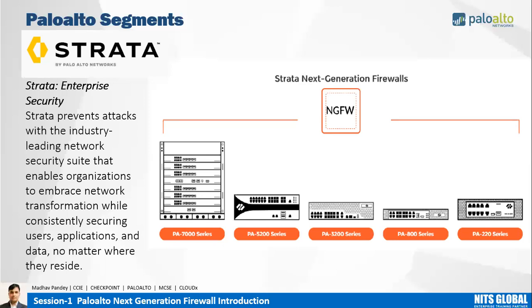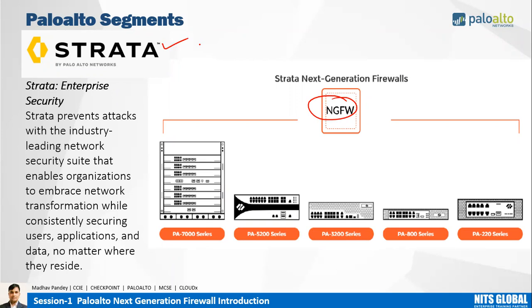Okay, what is Strata? Strata is one segment. Strata enterprise security. So whatever hardware and whatever solutions as a next generation firewall we have discussed, all those on-premise product lines come under Strata.